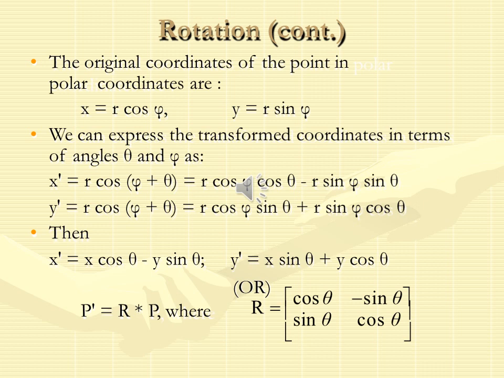The original coordinates of the point in polar coordinates are x is equal to r cos phi and y is equal to r sin phi. Then we can express the transformed coordinates in terms of the angles theta and phi as x dash is equal to r cos(phi plus theta) is equal to r cos phi cos theta minus r sin phi sin theta, and y dash is equal to r sin(phi plus theta) is equal to r cos phi sin theta plus r sin phi cos theta.